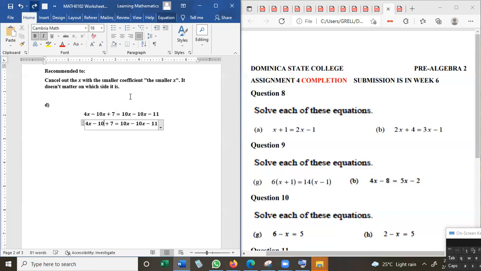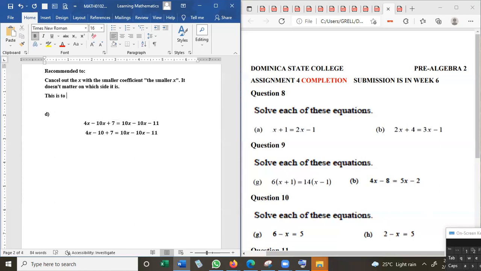This is to avoid having to work with a negative coefficient.